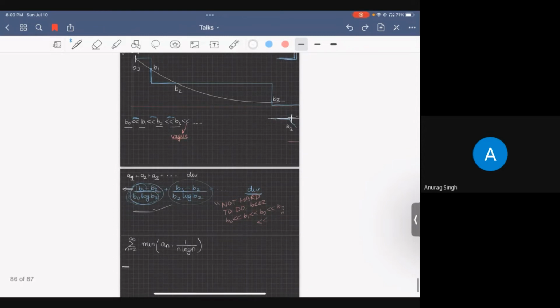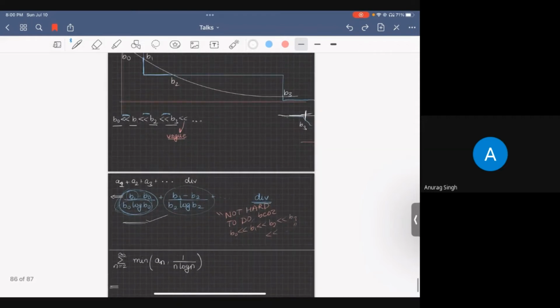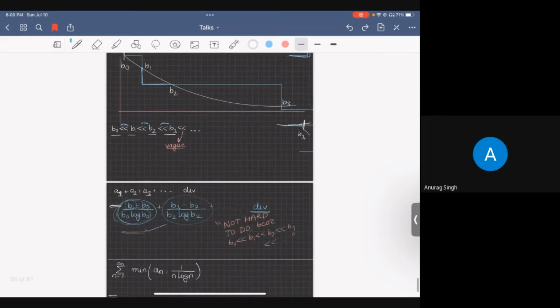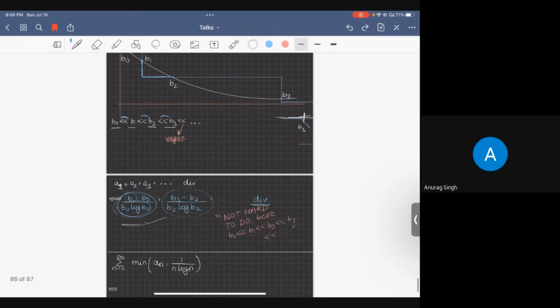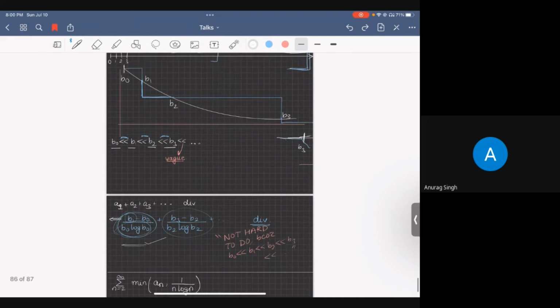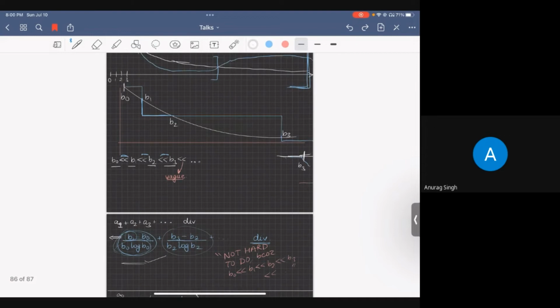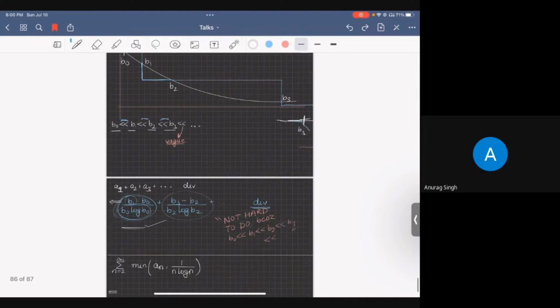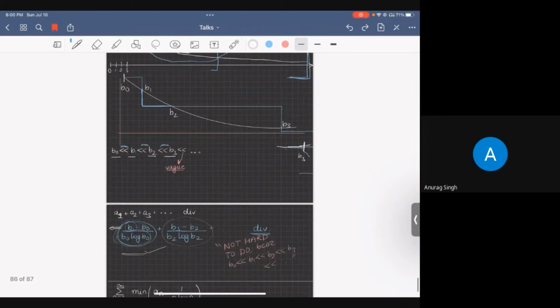So how do you write it? We just write it as it is, summation. From B0 to B1, 1 by n log n is the minimum. So we write it as summation B0 to B1 of 1 by n log n.